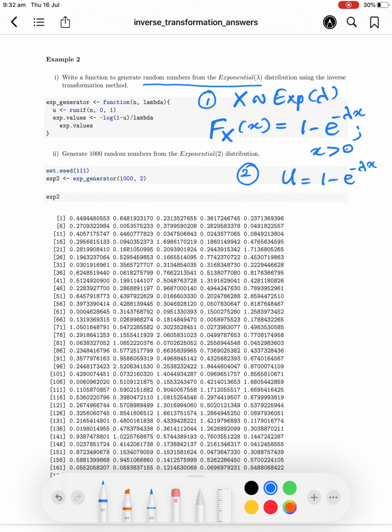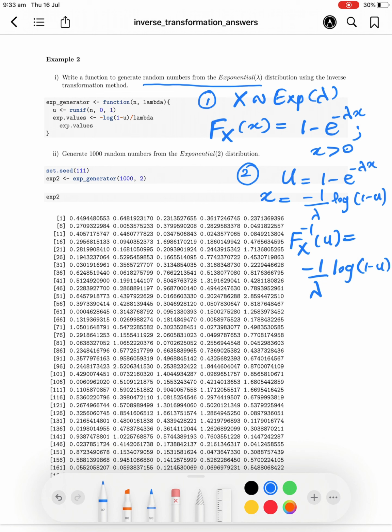When you solve this equation for x, you will get x equals minus 1 divided by lambda log of 1 minus u. So now this is Fx inverse of u, minus 1 divided by lambda log 1 minus u.